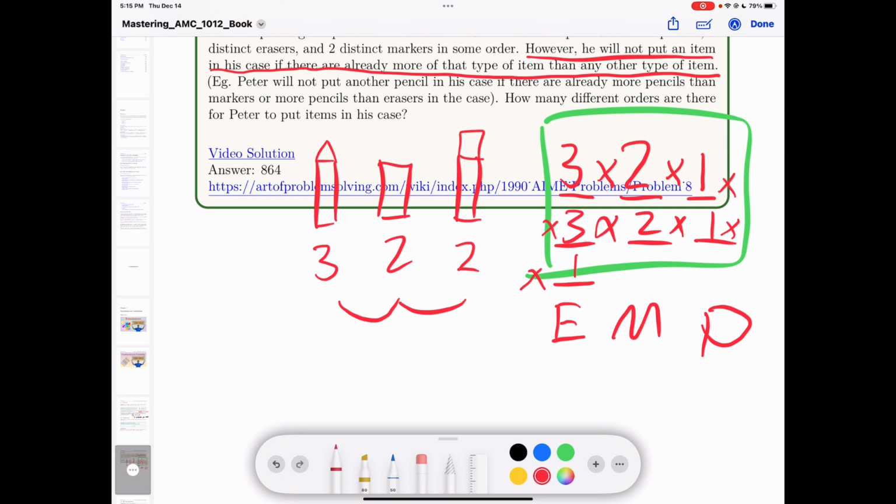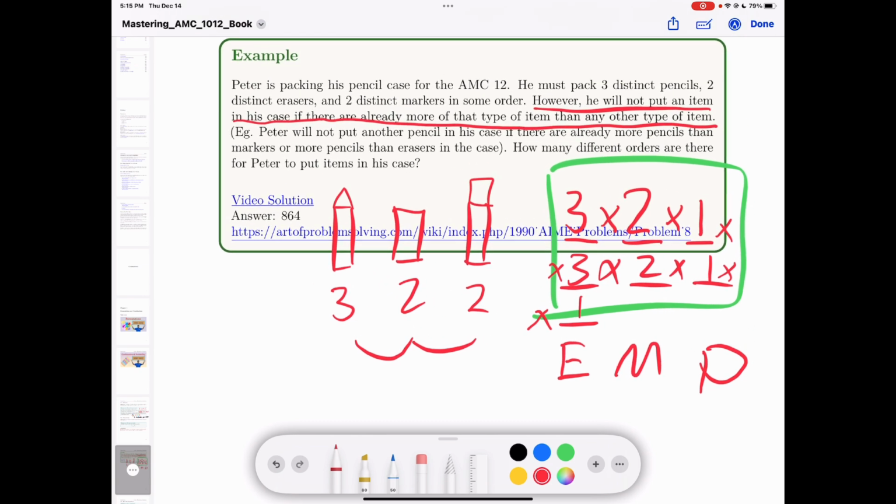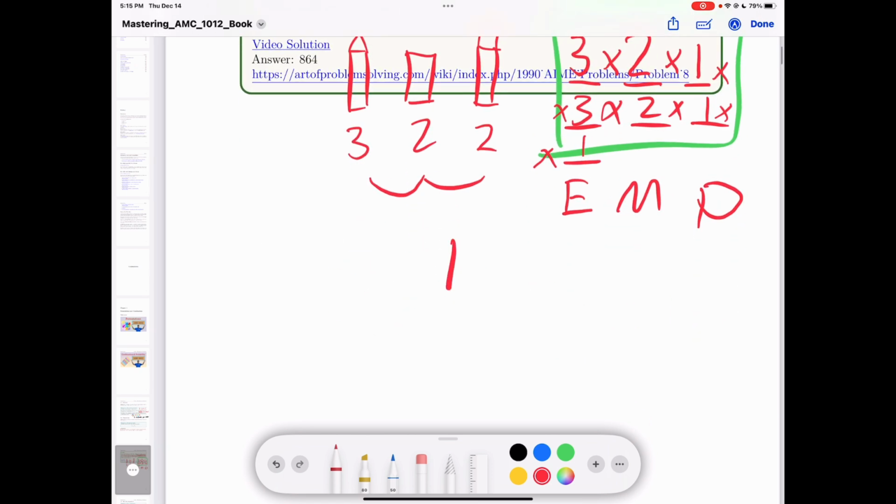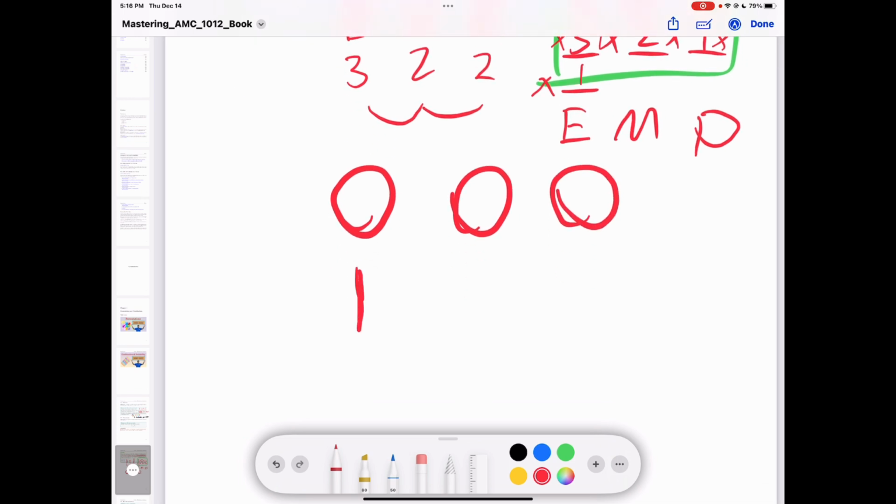I want to think if there's another order. What am I missing here? We have 0, 0, 0. We put 1.